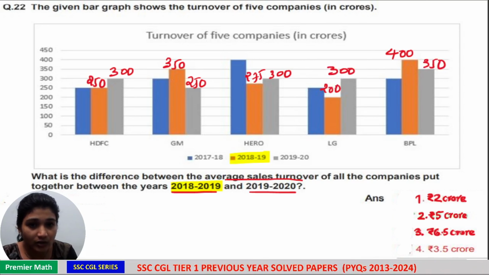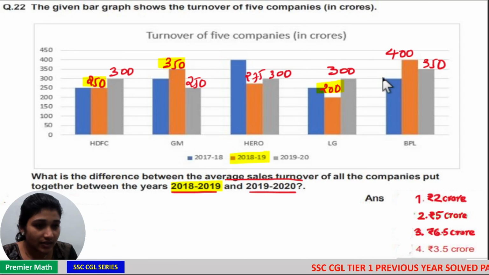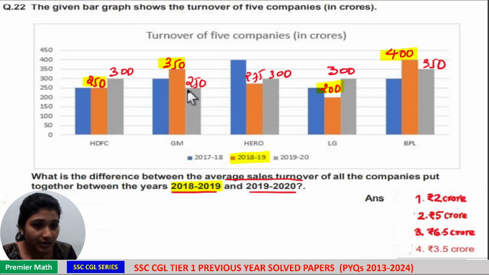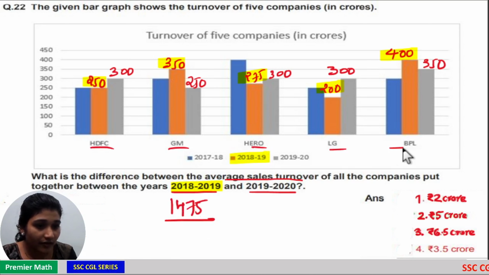So if you add together, first add this 250 plus 350 is equal to 600, 600 plus 200, 800, 800 plus 400, 1200, 1200 plus 275 is equal to 1475, and there are total 5 companies. So average is equal to 1475 divided by 5.